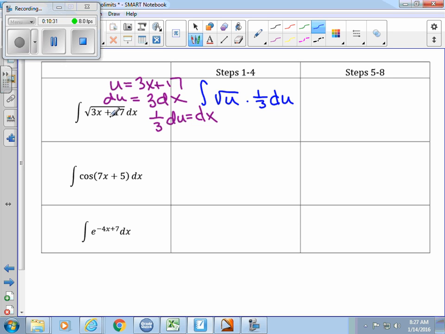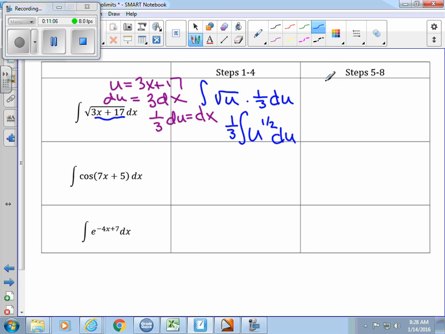So I replace the 3x plus 17 with u, and I replace the dx with the 1/3 du. This step is optional, depends on where you're at in your integration process. I'm going to go ahead and rewrite that integral. If you feel like you can do it without a rewrite, that's great. What would I do to rewrite the square root of u?